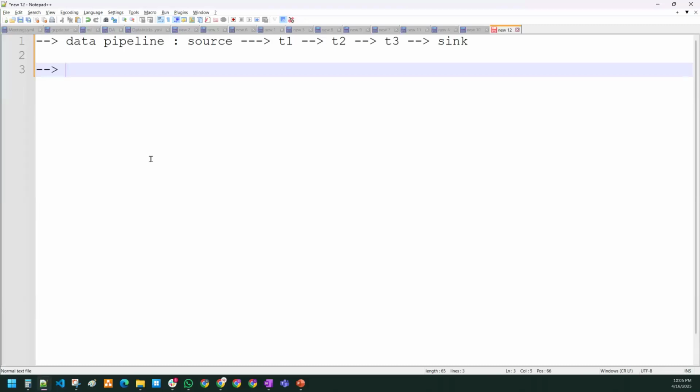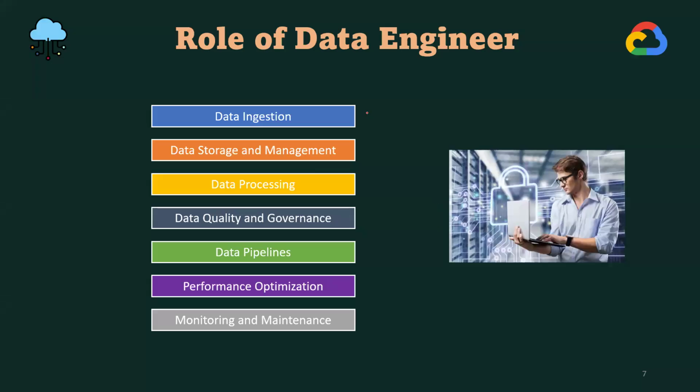When we say a data pipeline, it could be different pipelines also. As I already told you, as a data engineer, you will be working on this. For data ingestion, you can create one pipeline. We call it a data ingestion pipeline, right? When you are focusing on data processing, it is a data processing pipeline.